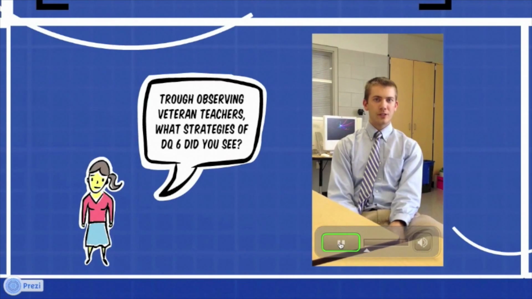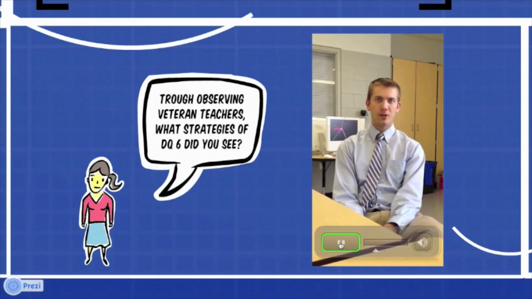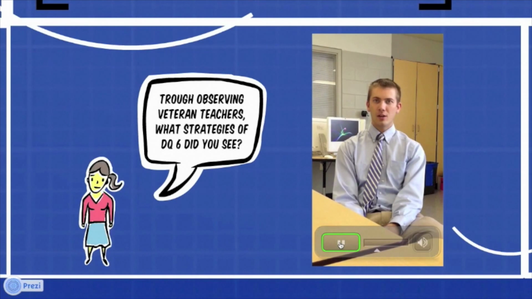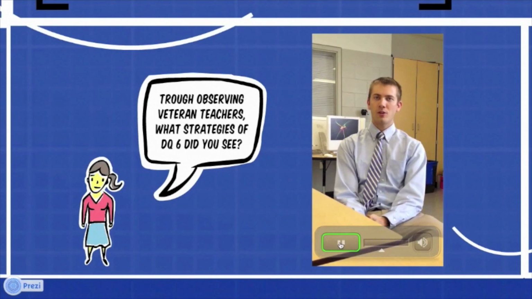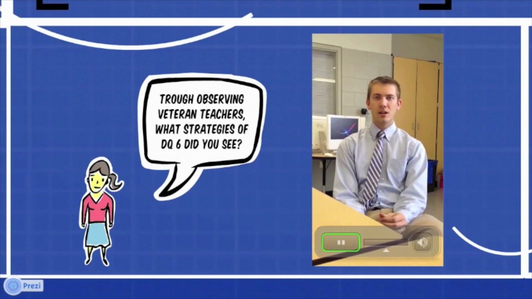Well, observing some of the more veteran teachers, it was great to see how strongly they implemented their rules and procedures. For example, the kids knew where to get paper from, the kids understood what to do when the bell rang, the students understood what to do as they were leaving, so there were all kinds of procedures in place that made the class flow a lot easier.